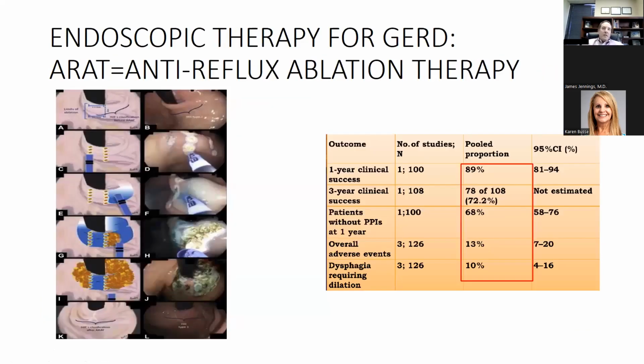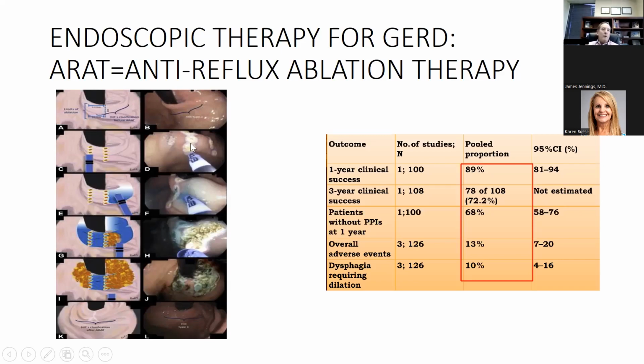Less invasive than TIF is what we call anti-reflux ablation therapy. This is much simpler to do. We're again going to focus on patients who do not have large hiatal hernias, don't have Barrett's esophagus, do not have severe esophagitis. But you can see in this example, this is a Hill grade 2 EG junction.